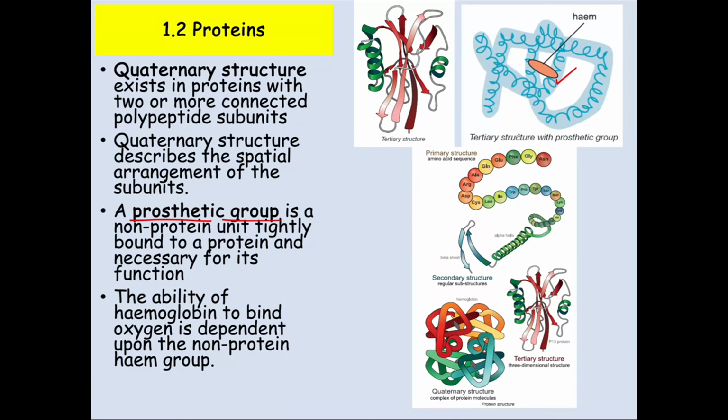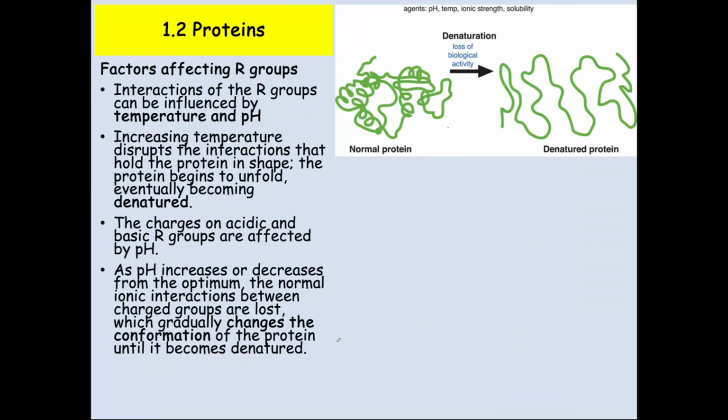Heme is not protein, but it's attached to the hemoglobin, and it's obviously an essential part of the function of hemoglobin, which is to bind oxygen to that heme group. The ability of hemoglobin to do that is severely compromised if it does not have a heme group. So that non-protein prosthetic group allows it to do that function.